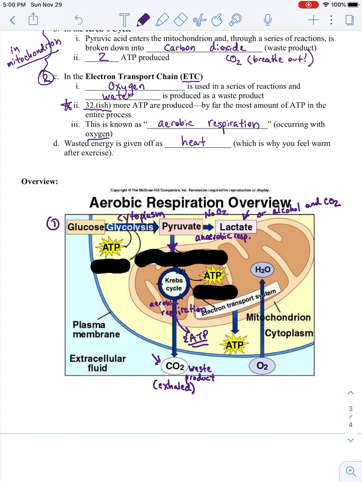And I'm going to actually just quickly go back out to glycolysis. 2 ATP are made from glycolysis. And then our final step is the electron transport chain. So I'm going to put 3 there. Oxygen is going to be used. So again, this is aerobic respiration. Water is our waste product.